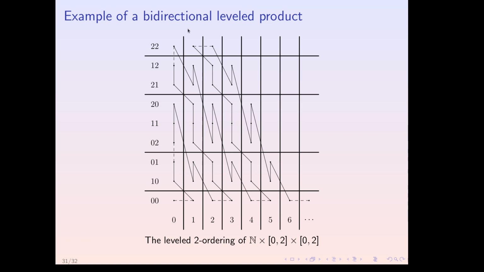So this is an example. Note here the strange steps. This is a minor step on the higher level, so the X is going forward because we go from 0 to 1, and the Y is going backwards.